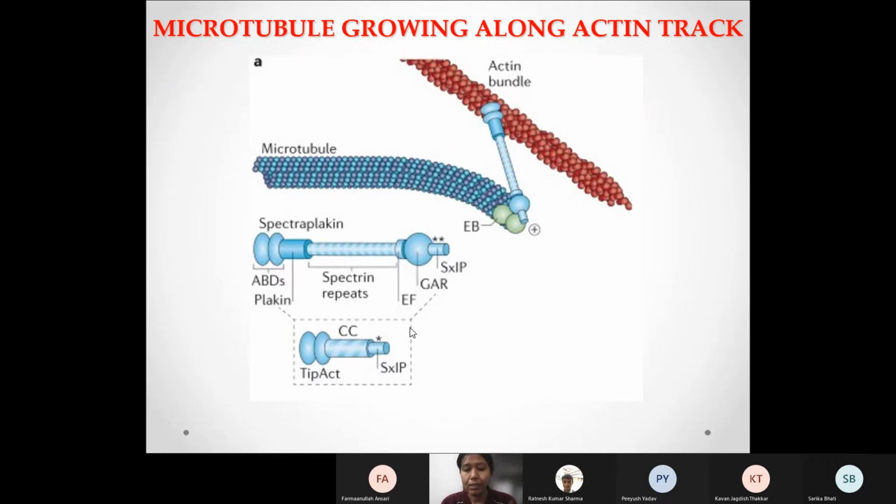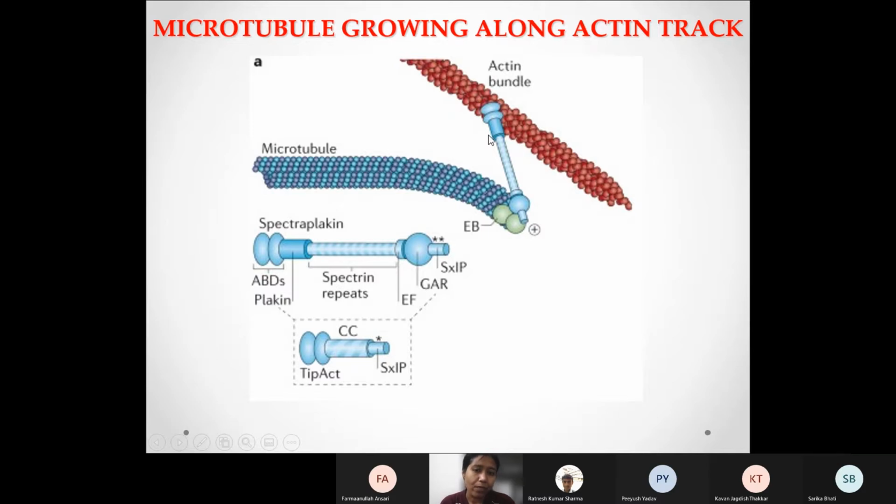And to understand this, people were trying to see what could be the thing, and they found a protein called spectraplakin. It's not important to know the name of the protein, but rather important to know that there is a phenomenon of this kind. So you have something here that binds to these end-binding proteins on microtubules and also binds to actin bundles.